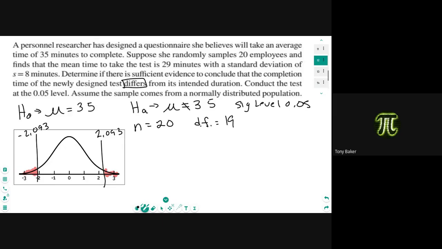All right. Now, find me my t-score for the data.